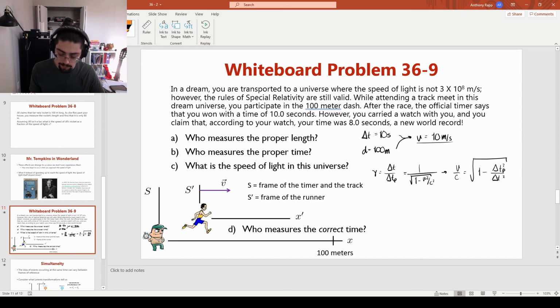What we come out with is V over C is equal to 0.6. So in the exact same way again, C must be equal to V divided by 0.6.